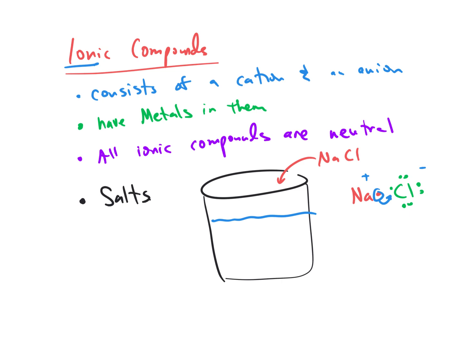Well, when you throw it in water, it dissociates. It comes apart again. We won't talk about why right now, but we will eventually, okay? But it just dissociates and becomes sodium ion and chloride ion in the water. And it turns into an electrolyte.